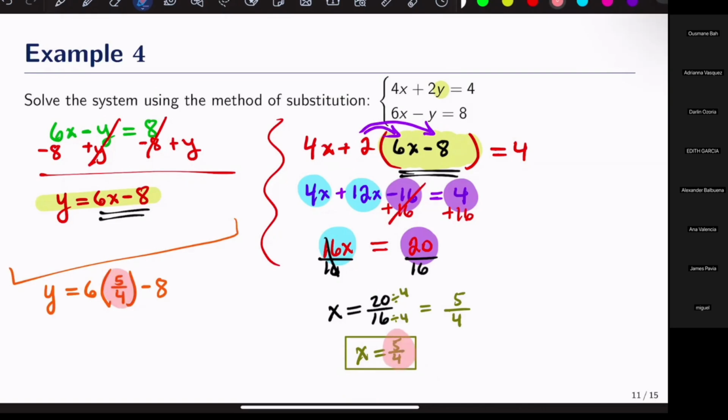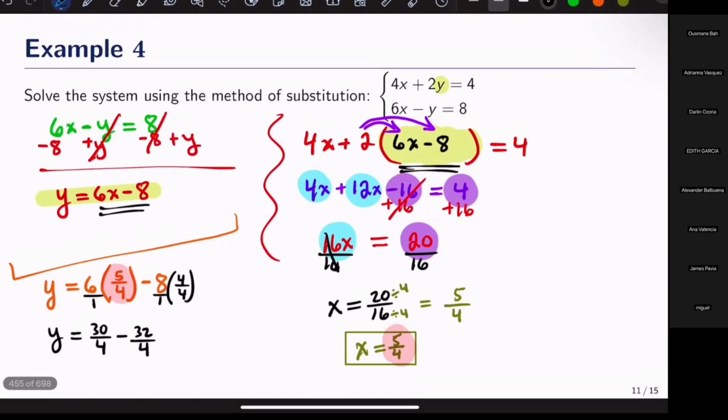And now let's once again simplify. 6 as a fraction is 6/1. 6 times 5 is 30. So we get 30/4. And 8 with the denominator of 4, we need to multiply by 4/4. So we're looking at 32/4. 30 minus 32 is simply -2/4, which is just simplified to -1/2.